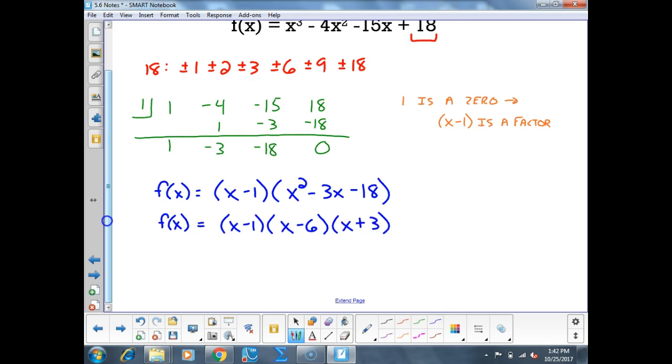Okay, I like it. So from our list, had we tried +6 or -3, we would have also gotten zeros, correct? Okay, all right. Now, what? Solve it, right? So we get x equals +1, x equals 6, and x equals -3, right?